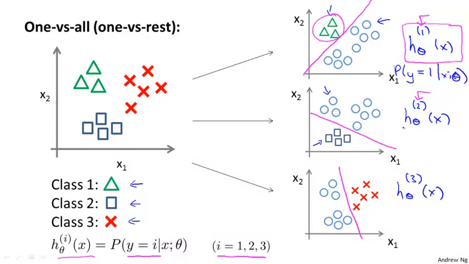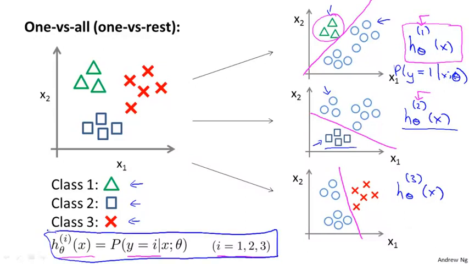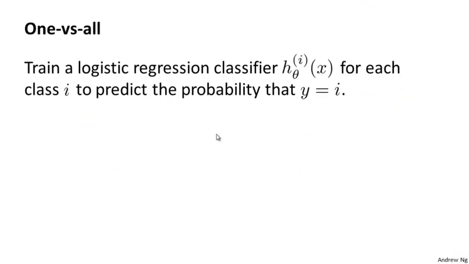And similarly, this is treating the square class as a positive class, and so it's trying to estimate the probability that y is equal to 2 and so on. So we now have 3 classifiers, each of which was trained to recognize one of the 3 classes. Just to summarize, we want to train a logistic regression classifier h superscript i of x for each class i to predict the probability that y is equal to i.